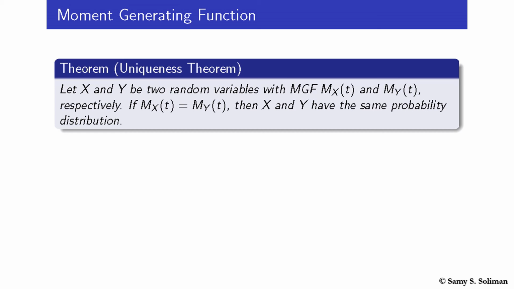It says that if X and Y are two random variables with moment generating functions M_X(t) and M_Y(t), and both moment generating functions are exactly the same, then both random variables have the same probability distribution.